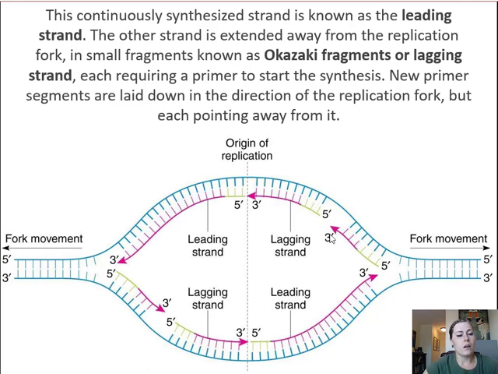And it actually lays down DNA strands kind of backwards. So the primer will be laid down pointing opposite of the replication fork and of the origin of replication itself. Then the new segments will be added in the direction of the origin of replication. Then they'll be added to the leading strand.